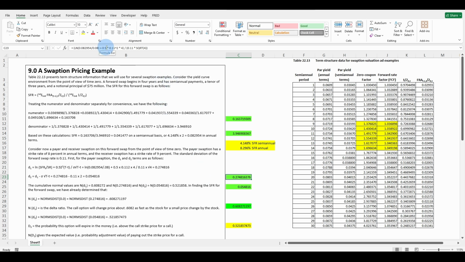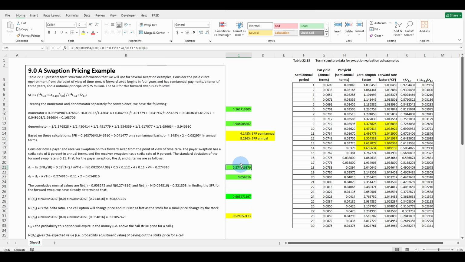We have 0.05 times 0.11 squared times 2 times 4, because our swap is semi-annual, 2 periods times 4 years, divided by 0.11 times the square root of 4 to come up with d1.